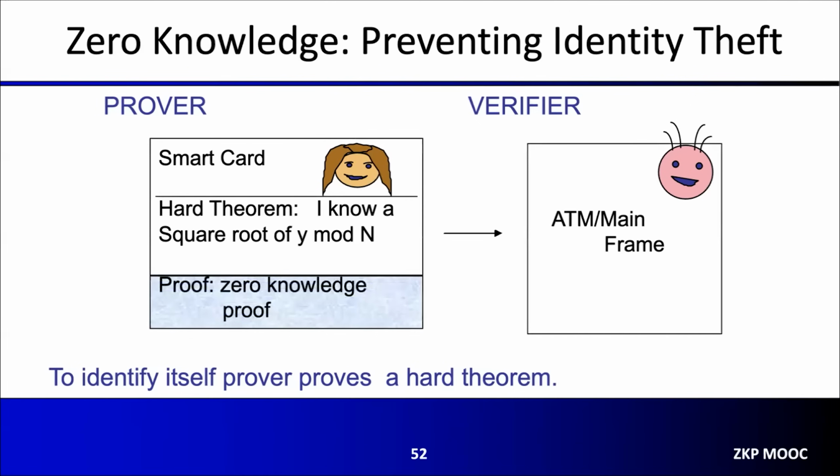A zero knowledge proof. They would go through a few steps of interaction, at the end of which it says, she knows a square root. She has just given me a zero knowledge proof of knowledge, and that identifies her. So somehow it's possible to verify that Alice knows the proof without knowing the proof yourself.